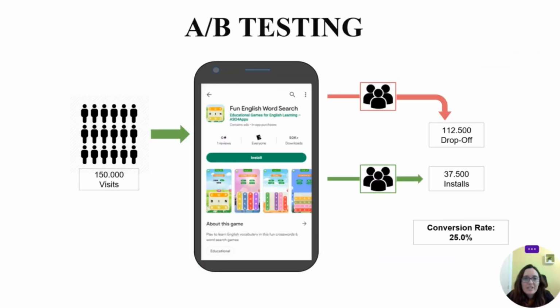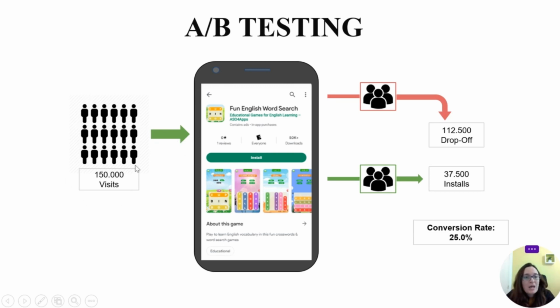So what is A/B testing? A/B testing, or split testing, is the way to find out which of your elements from your site, or in this case from your mobile app, performs better. This means we tackle conversion. How?